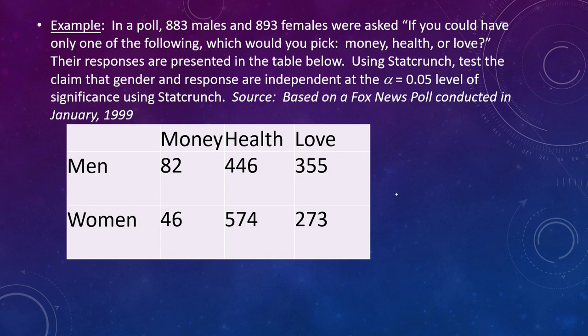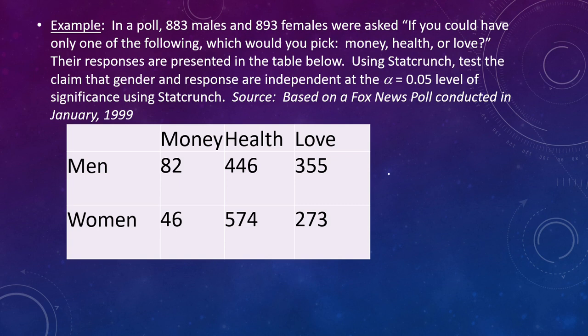Example 2. In a poll, 883 males and 893 females were asked, if you could have only one of the following, which would you pick? Money, health, or love? Their responses are presented in the table below. Using statcrunch, test the claim that gender and response are independent at the alpha equals 0.05 level of significance.